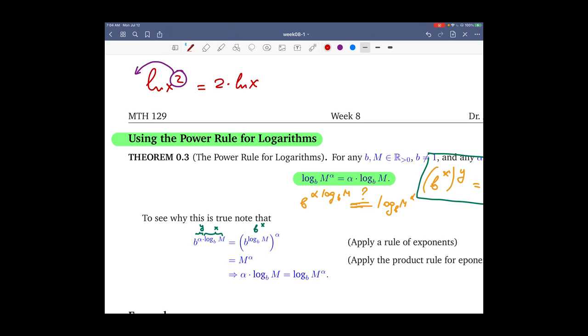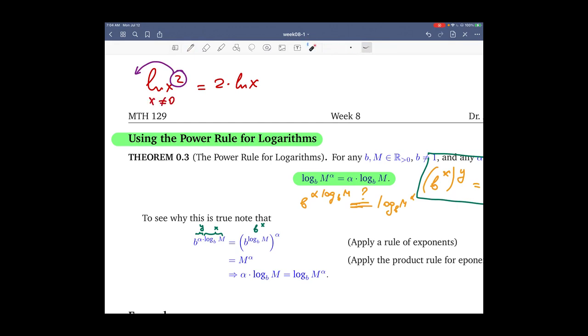the sets of values of x for which these formulas on the left and on the right make sense are different. The formula on the left makes sense for any x except 0. In particular, x here could be negative.